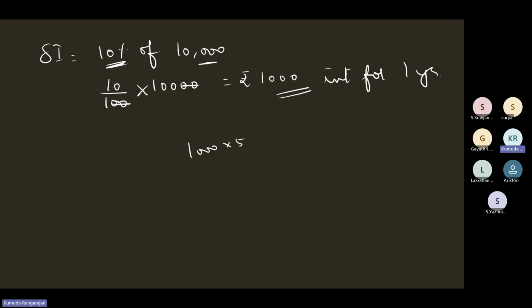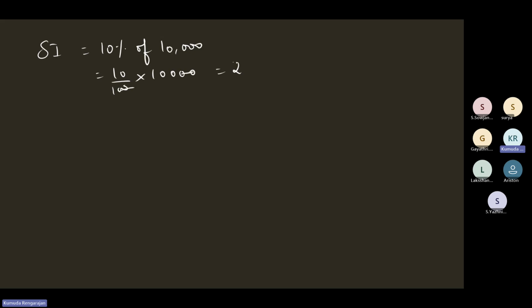That's how simple interest works. Find the simple interest for 1 year. It will be 10% of the principal value. So 10 by 100 into 10,000. Simplify, we get 1,000 rupees.